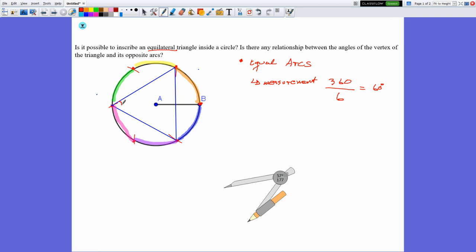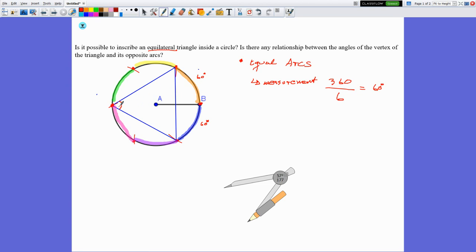Now, what is the actual measurement of this angle? Notice that this angle can be seen as the inscribed angle between these two lines, or these two chords. If this arc is 60 and this is 60, then the inscribed angle is meeting an arc of 120 degrees.